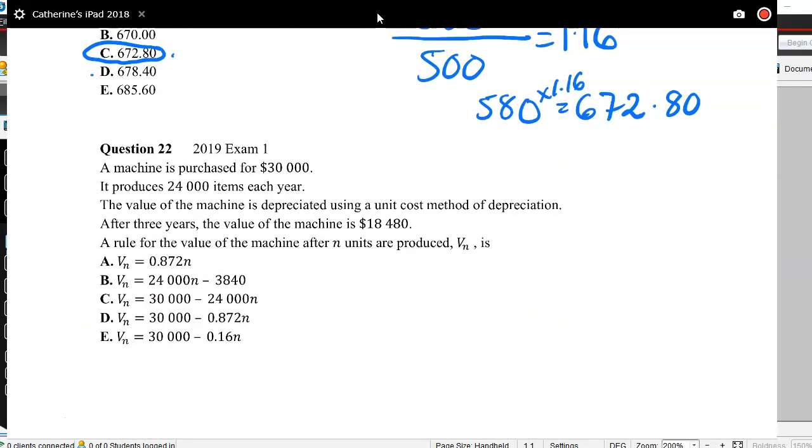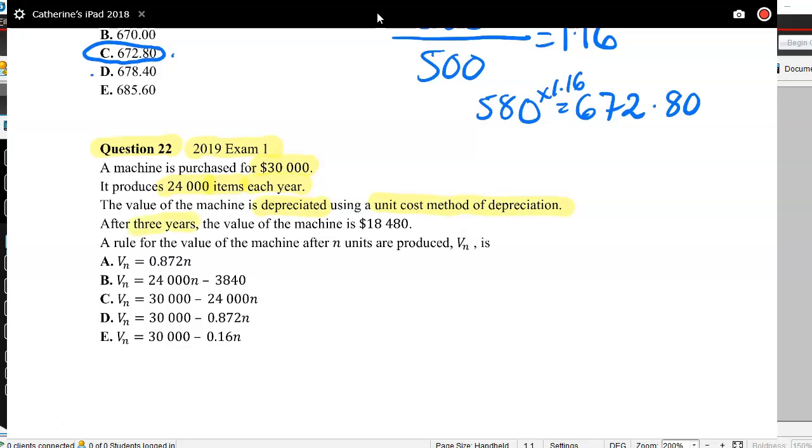So this is from the 2019 Exam 1, question 22. A machine is purchased for $30,000. It makes 24,000 items each year. The value of the machine is depreciated using a unit cost method of depreciation.